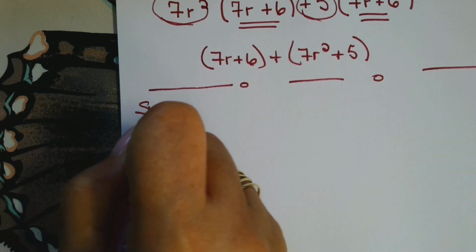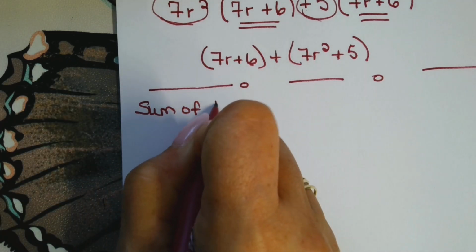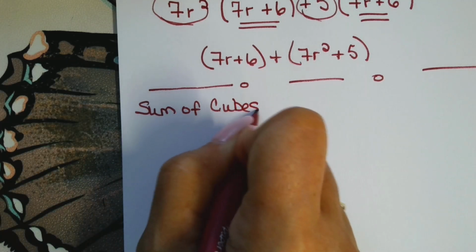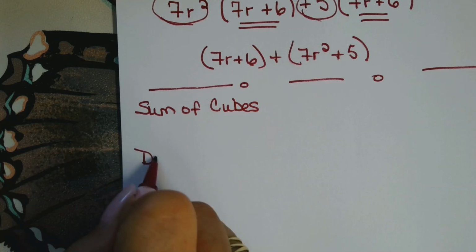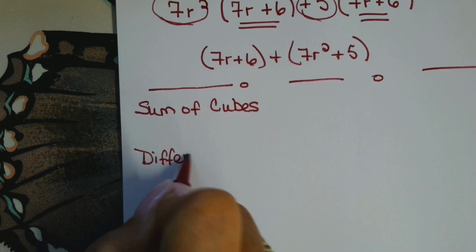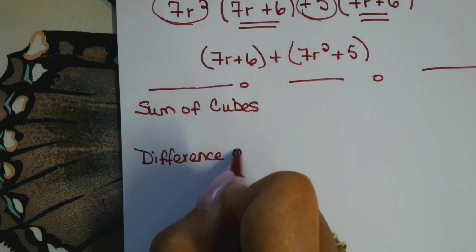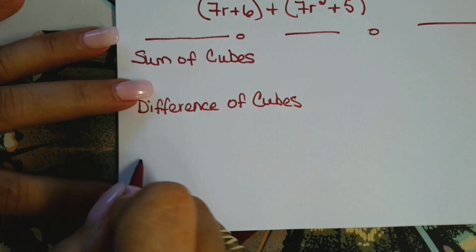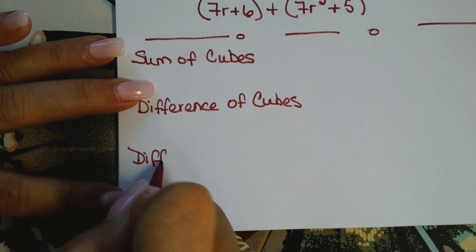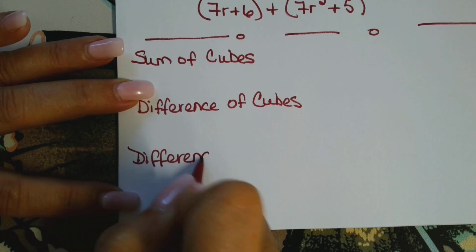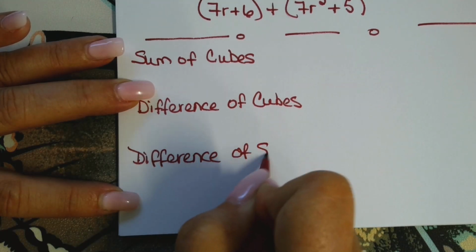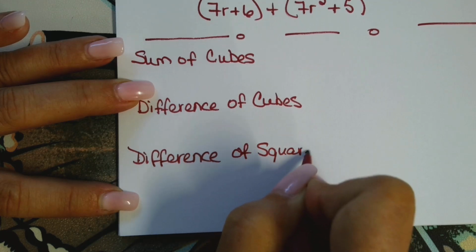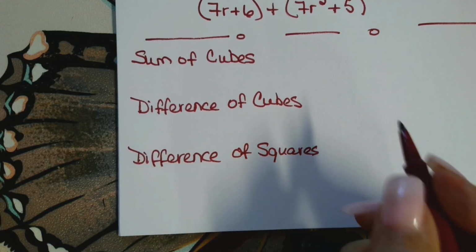Sum of cubes, difference of cubes, and difference of squares. Now when I say squares and cubes, I mean perfect cubes and perfect squares.